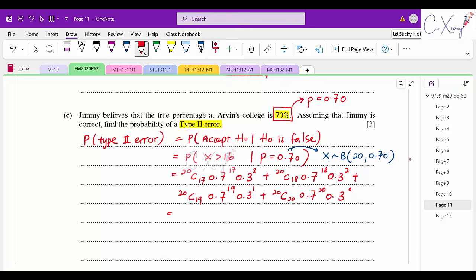Let's see what we get from here. By right, you should get this one. Double check a few times so that you don't make a careless mistake when pressing the calculator. And of course, I have to correct it to 3 significant figures. So your final answer should look something like this, where it is equal to 0.107.